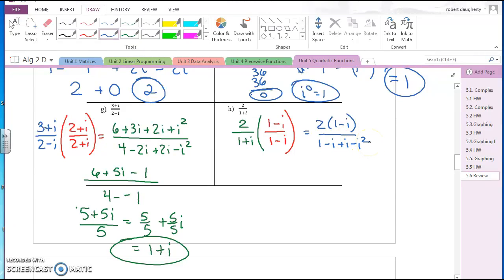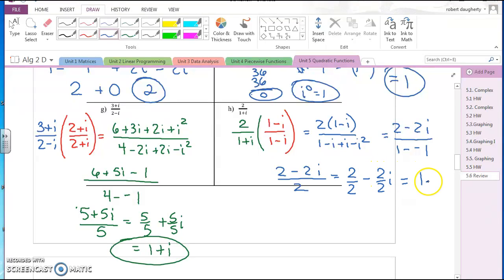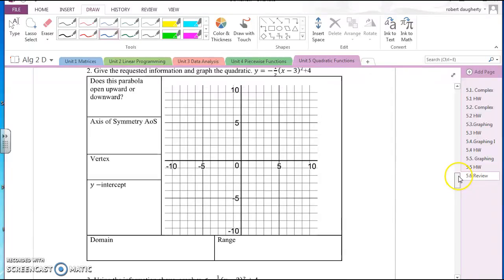The numerator becomes 2 minus 2i. And then this becomes 1 minus negative 1. So I get 2 minus 2i over 2, which is just 2 over 2 minus 2 over 2i, which is 1 minus i. Okay, that's the end of page 1 of the review.